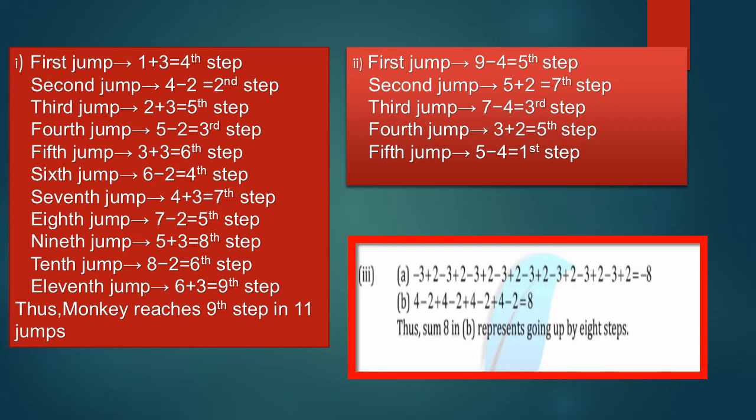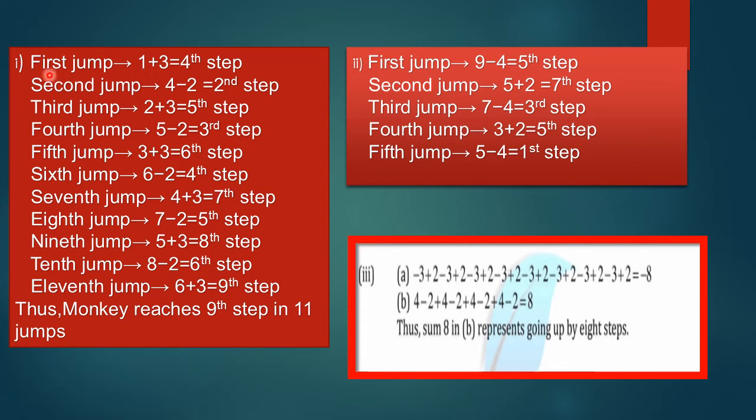Now the answer for the first part. The monkey jumps 3 steps down and then jumps back 2 steps up. In how many jumps will he reach the water level? See, the monkey is on the first step.